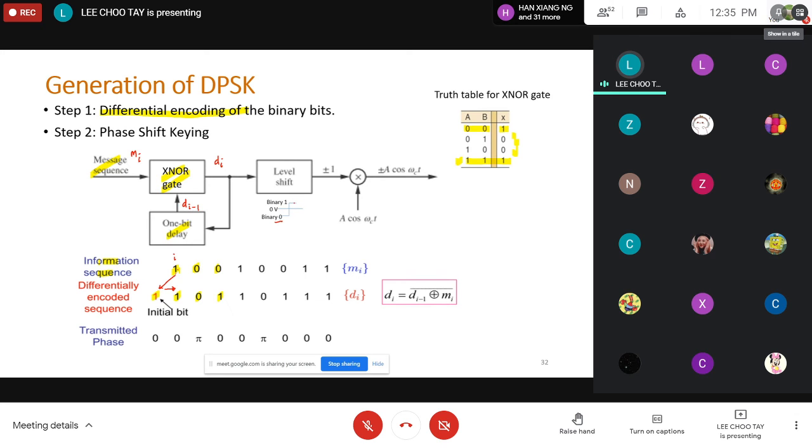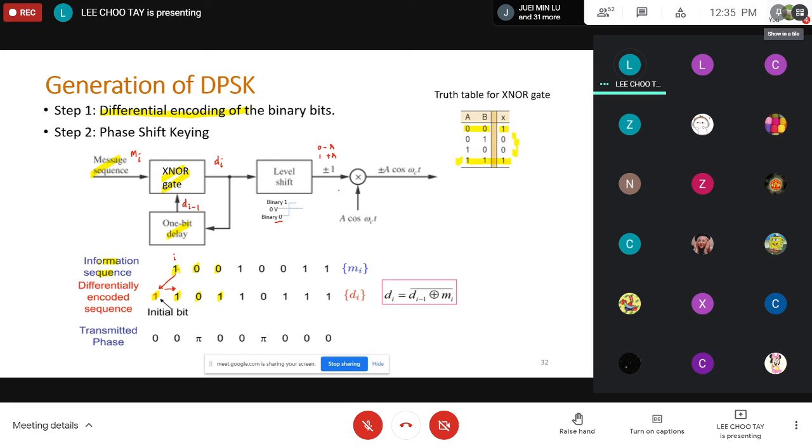A binary 0, I'm going to make it negative. Therefore, my output here will be plus minus 1. Why? Because I need a polar signal so that I can multiply with the carrier. So 0 will be negative amplitude, and 1 will be positive amplitude.